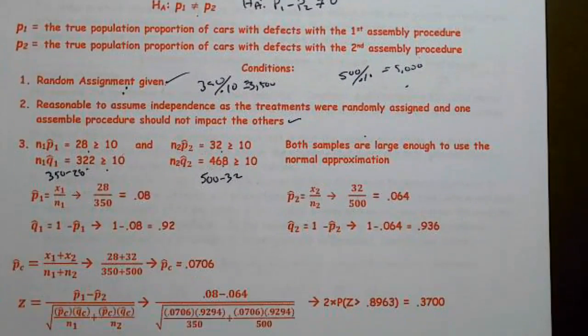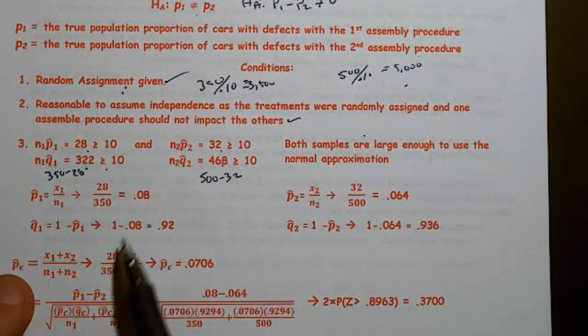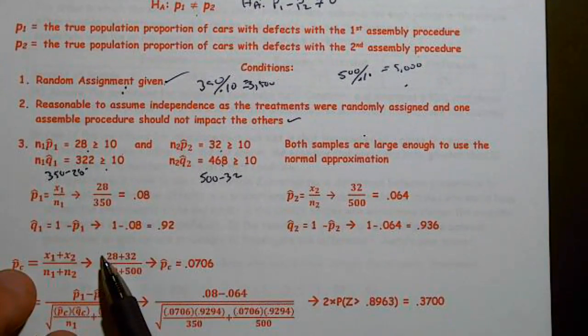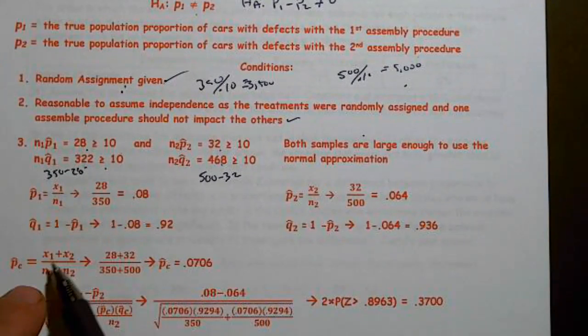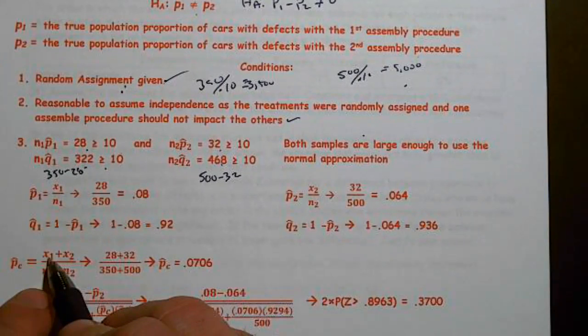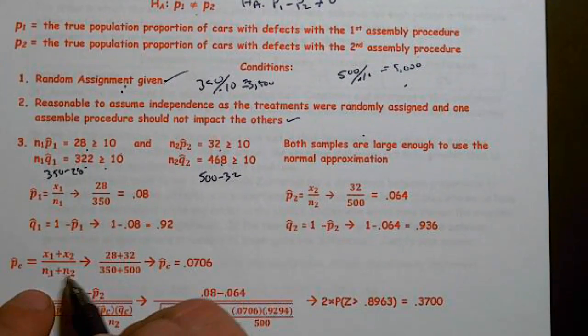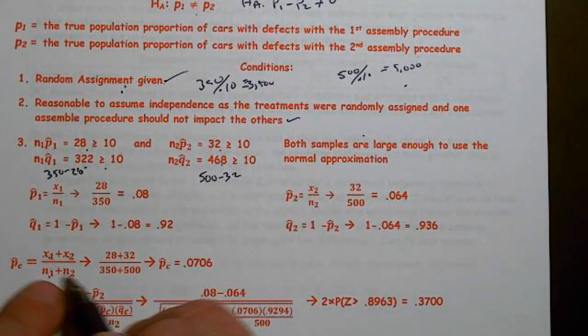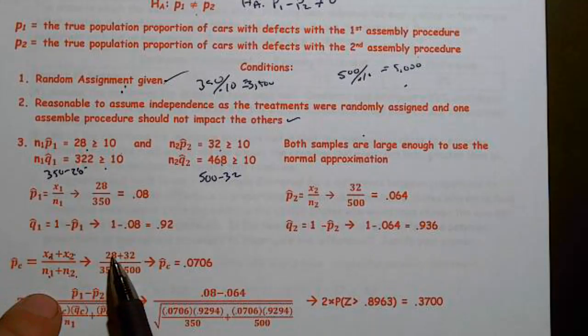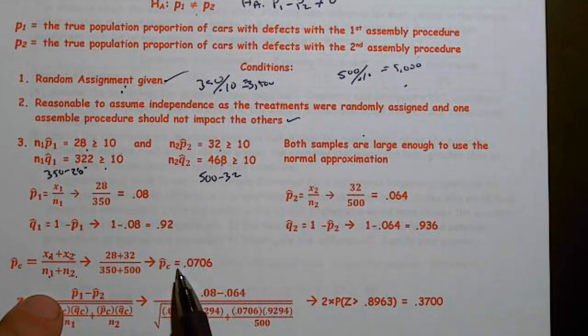All right. So because we're working with a hypothesis test and we're working with proportions, we have to pool. So we have to use the pooling equation, which is x1 plus x2 over n1 plus n2, which would be successes plus successes over both sample sizes. In this case, this is the number of defects for 1 and the number of defects for 2. Well, the number of defects on 1 was 28 and on 2 was 32. And we end up getting a P combined of 0.0706.